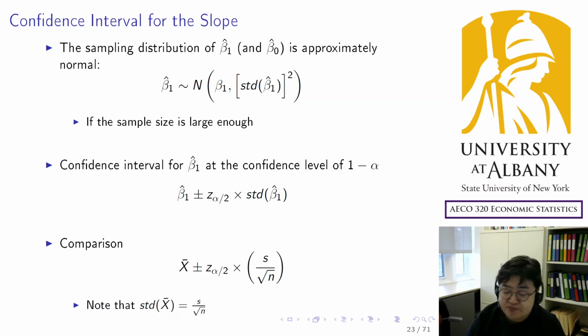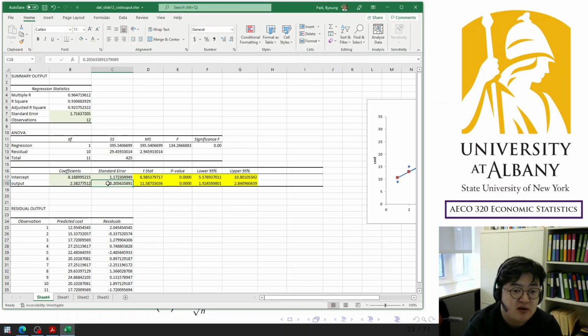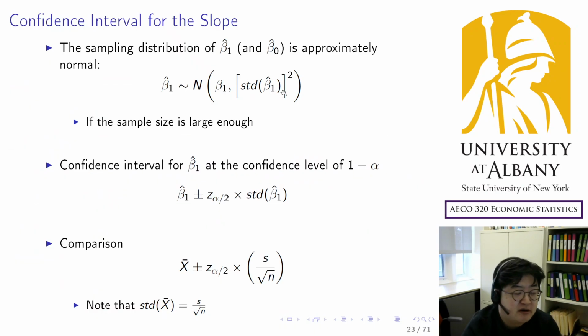The central limit theorem guarantees that the sampling distribution of the estimator is approximately a normal distribution with the mean being the true parameter, which is unknown, but the standard deviation part is already estimated, right? We can use the calculated standard error for the approximation.